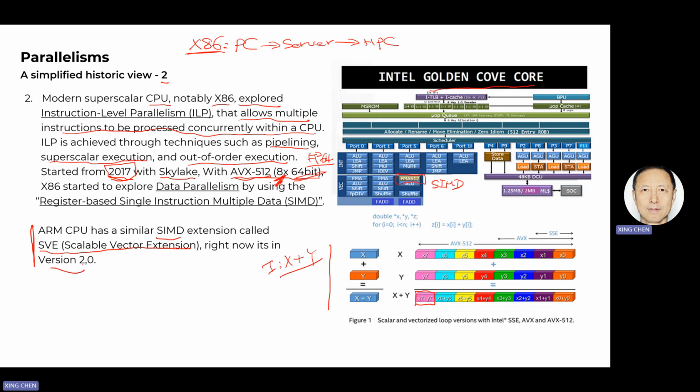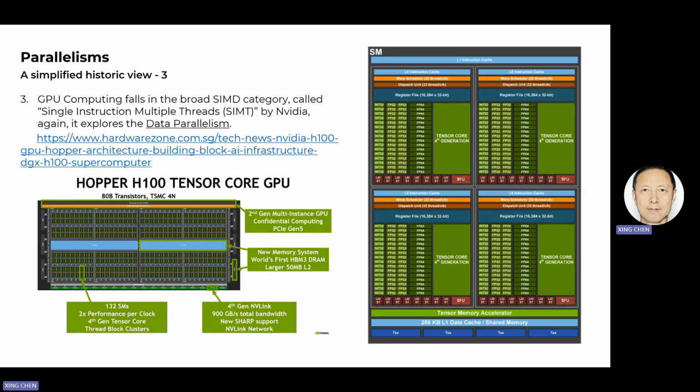So starting from 2017 up to now, we have noticed that x86 also started to explore data parallelism to deliver the performance to the industry. Okay, now we move to GPUs.